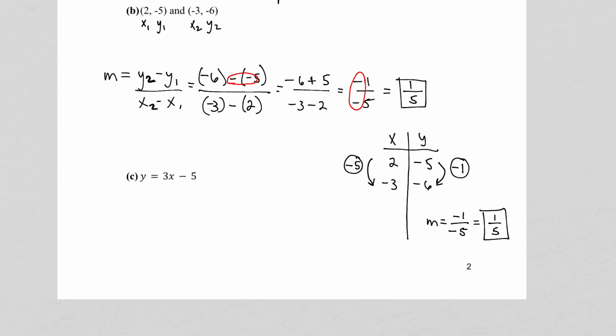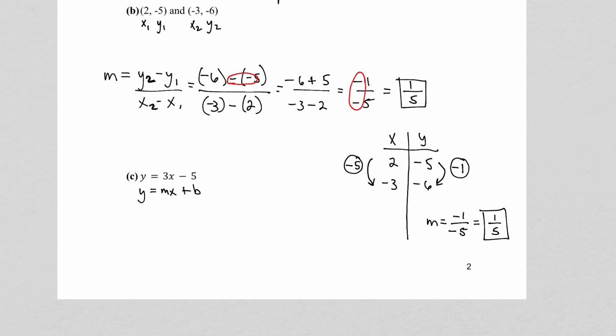And now finally, let's look at finding the slope using an equation. So if you're given an equation, you rewrite the equation so that it is in the form y equals mx plus b, where there's nothing else going on in this equation.